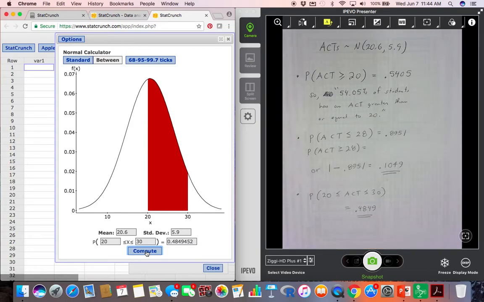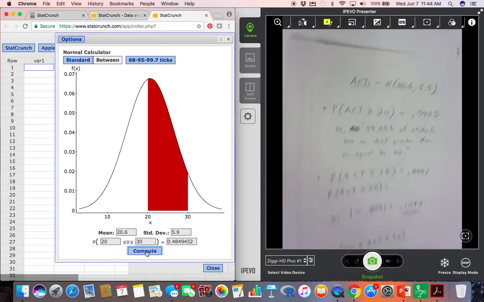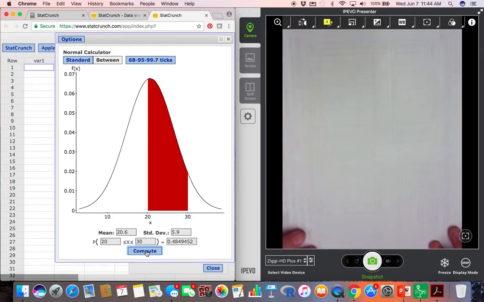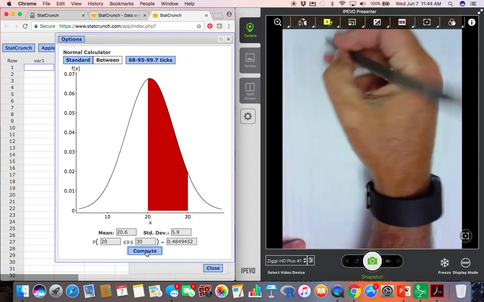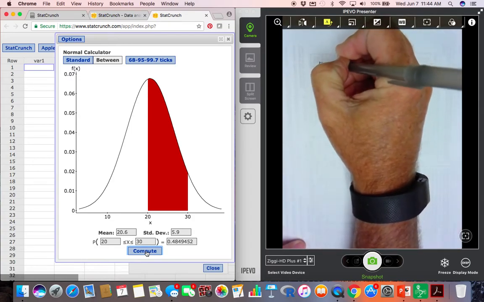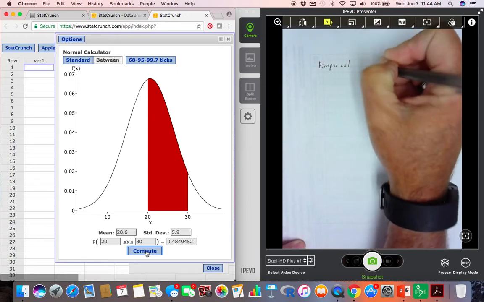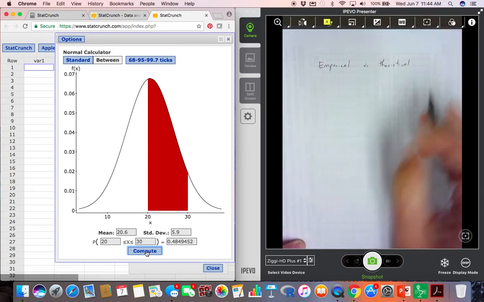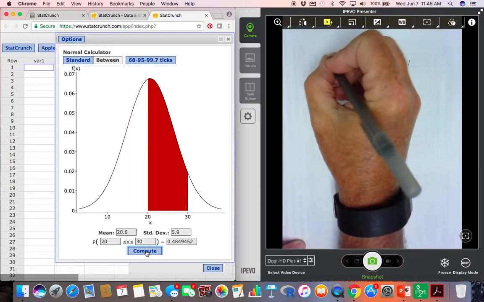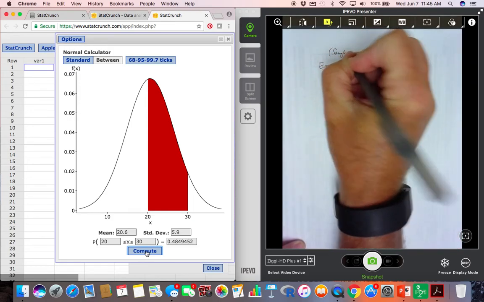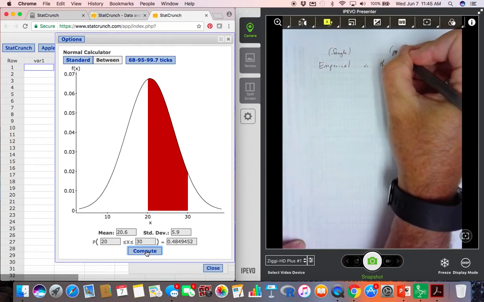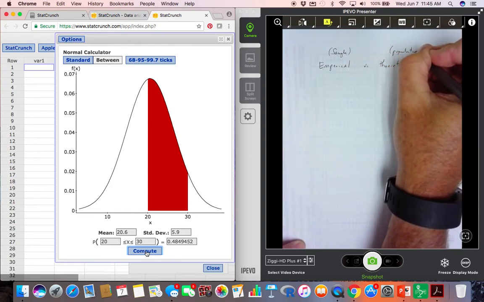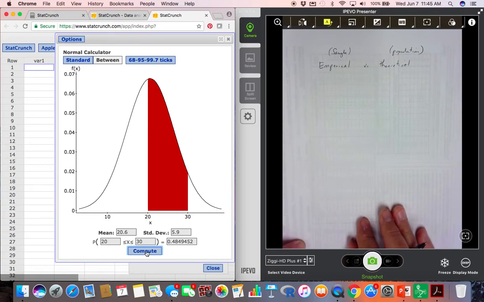Now, guys, let me tell you the difference between empirical probability and theoretical probability. This is kind of like the difference between a sample and a population.